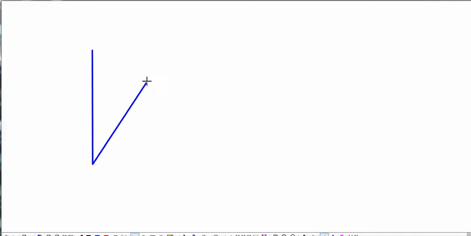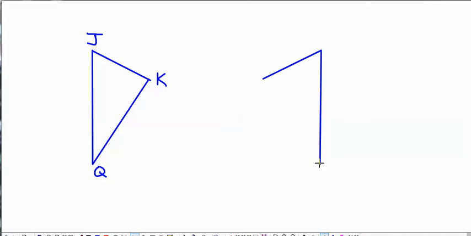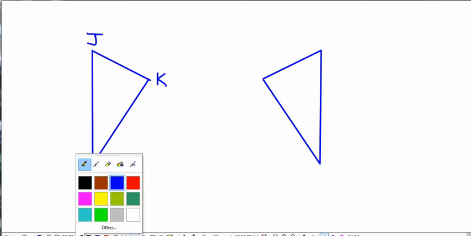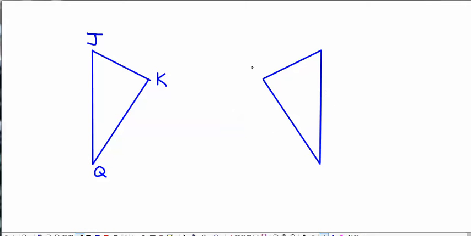If you got a triangle that is labeled JKQ, okay, and you transform it over to here, after the transformation, the new triangle is called K prime J prime, Q prime.